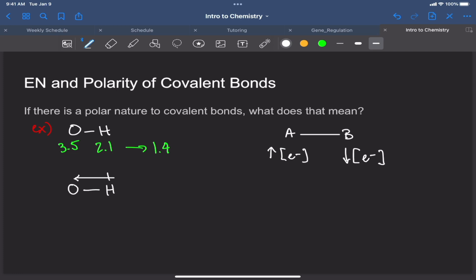And now we can represent that with a delta charge. It's a Greek D. Oxygen will be a delta negative. Hydrogen will be a delta positive. So that is how covalent bonds can be polar. Now, if there's not a significant difference in electronegativity, we say the bond is nonpolar.